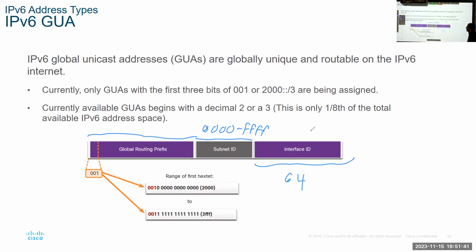So the first 3 digits of the subnet ID would be the same as your area code where your branch office is. And then the last digit would be the individual subnets within that branch office. So you could come up with some pretty meaningful schemes for your subnetting, which you can't do with IPv4 really.